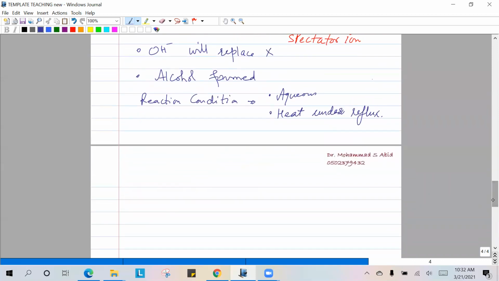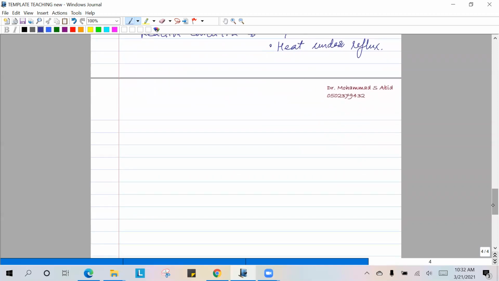We will talk about heat under reflux a little while later. Now let's talk about this reaction. Take CH3CH2Br. The name for this would be bromoethane.